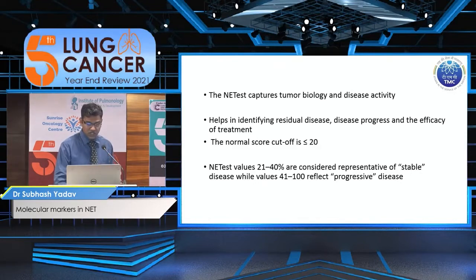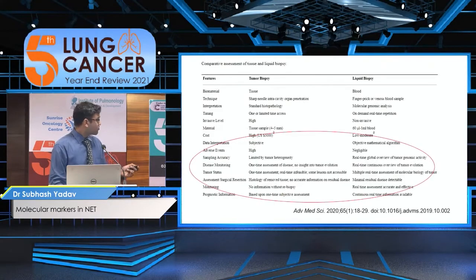With increase in score, it indicates progressive disease. This is how it has been used in the Western population. It's not done here, but this is how they can stratify or triage their patients, to see who is progressing, instead of going for tissue biopsies, which give you your findings of that moment.